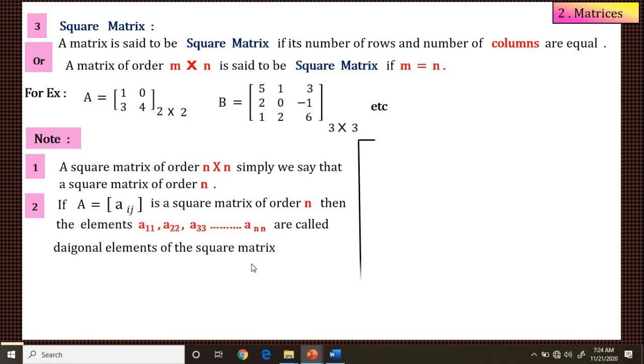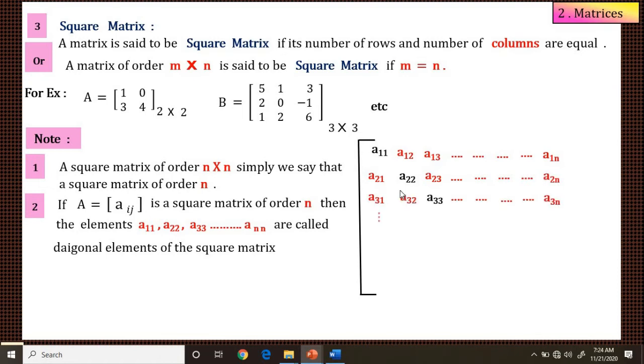Here you can see the general matrix of order n, and you know how to write the elements of the matrix in general: A11, A12, A13 and so on, A1n; A21, A22, A23 and so on, A2n; A31, A32, A33 and so on, A3n and so on.